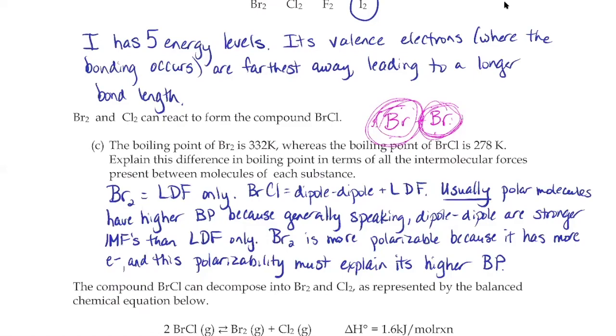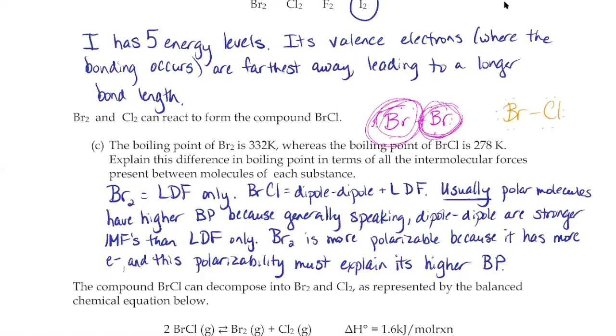So everybody's got London dispersion forces, but BrCl, you're going to have some kind of uneven distribution of charge, because if you were to look up the electronegativity values there, chlorine and bromine's electronegativity is not exactly the same.